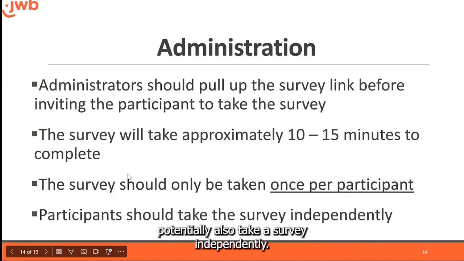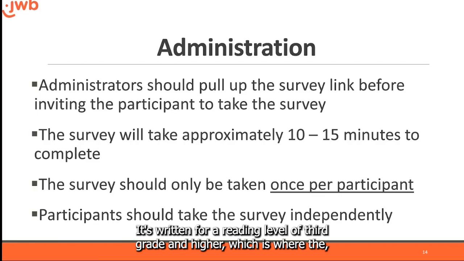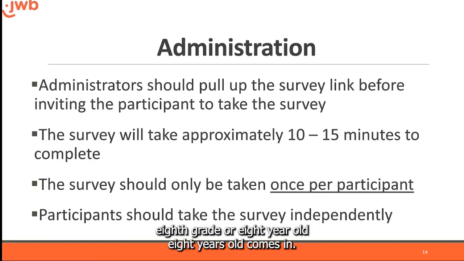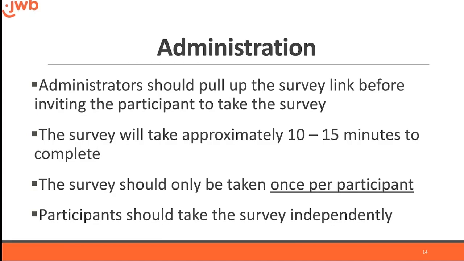And then participants should also take the survey independently. It's written for a reading level of 3rd grade and higher, which is where the 8 years old comes in. Excuse me, not grade. And we want them to really feel the ability to offer up their honest opinions.